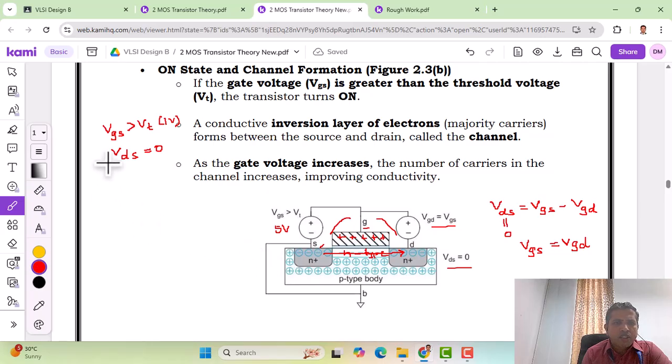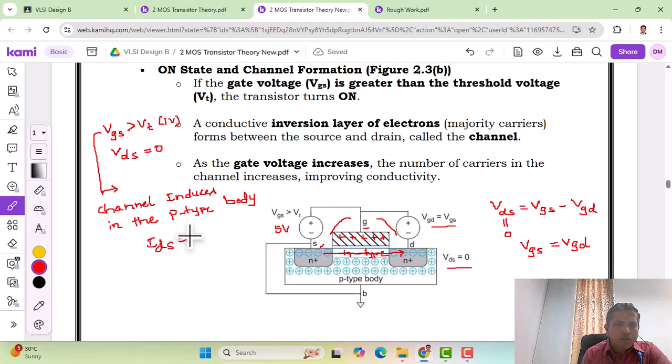So for this particular condition, the channel exists. The channel has been induced in the p-type body, but still IDS is going to be 0 because VDS is not applied here.